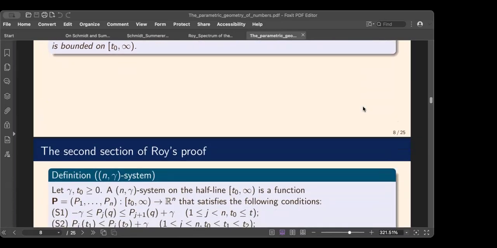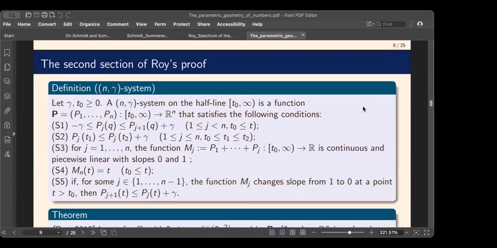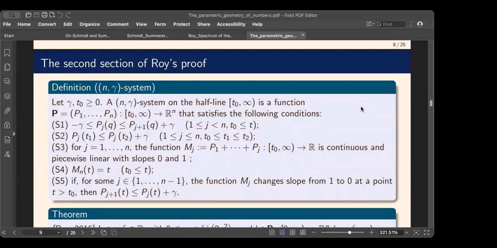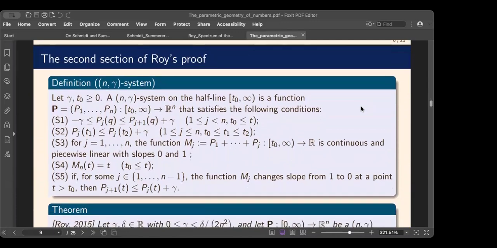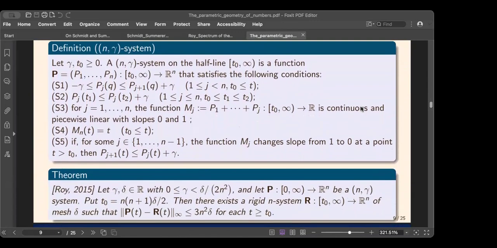In the second part of Roy's proof, he defined a more general class of functions he called the N-gamma system, and then he used the next theorem.